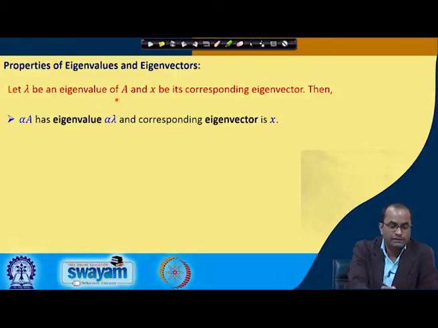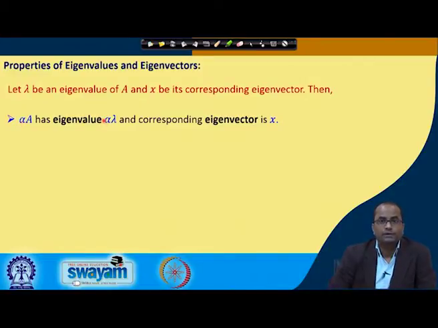If lambda is the eigenvalue of A and x is its corresponding eigenvector, then alpha times A, where alpha is some constant, some scalar quantity from the set of real numbers for instance, will have the eigenvalue alpha lambda. So, this alpha will be multiplied simply to lambda and the corresponding eigenvector will remain the same, that is x.